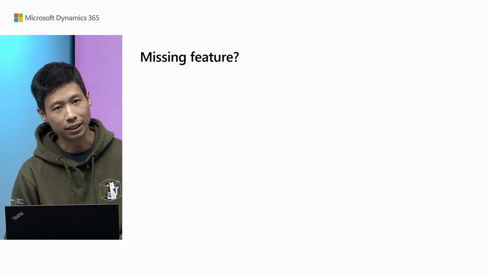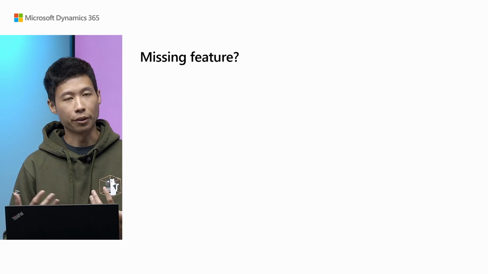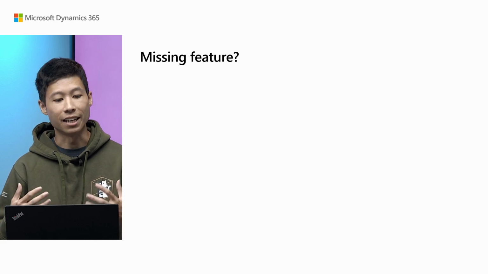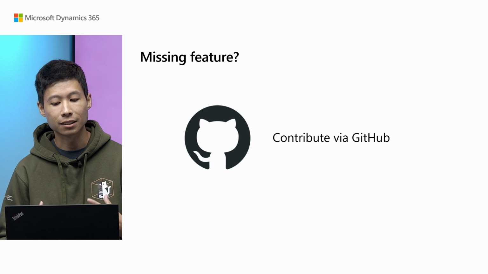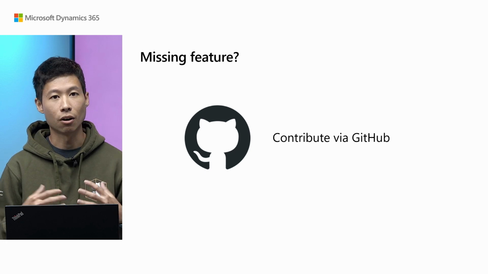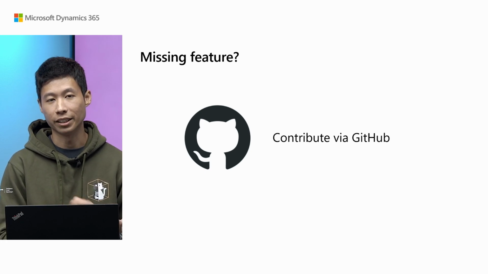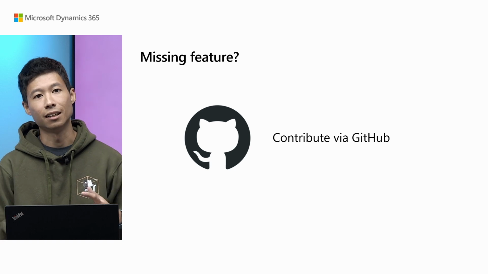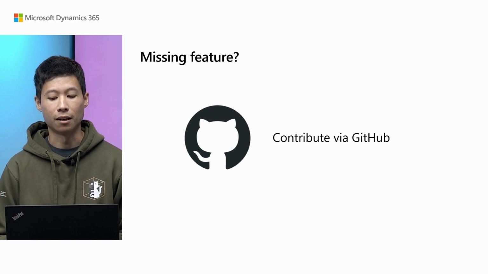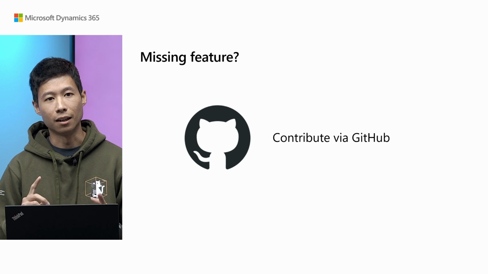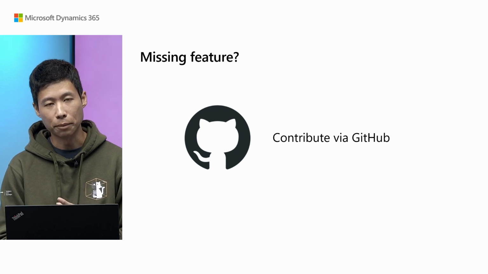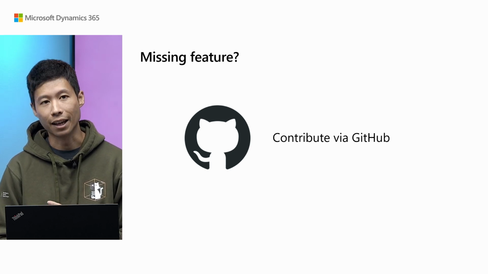And lastly, if you think our AI module is missing any features, this module is on GitHub. It's part of the system application layer. So you'll be able to go there, ping us, create a pull request, and then let's get that in.